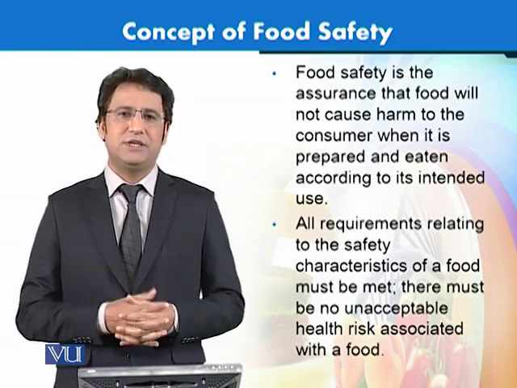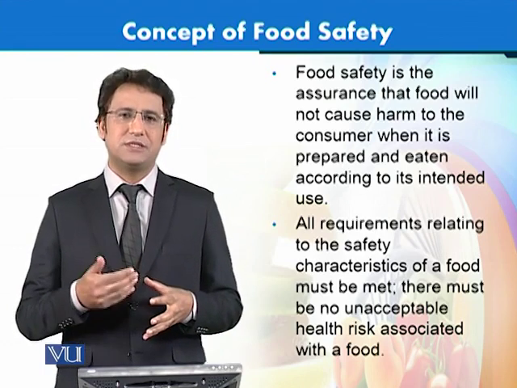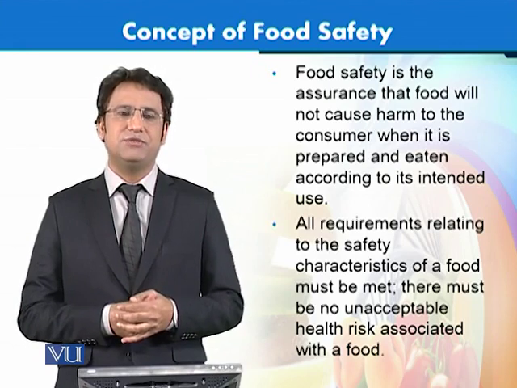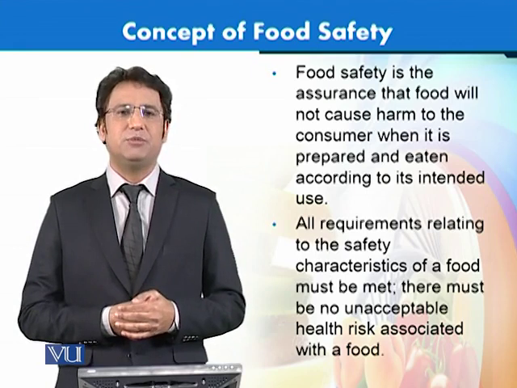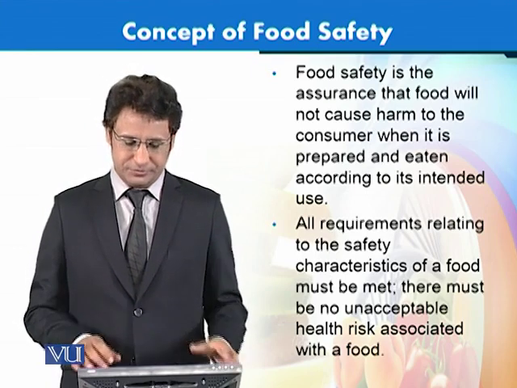But otherwise, if it is used as per its intended use and then it causes harm, then it means the food safety principle is compromised, and the producer of the food might be punishable for this offense, because this is treated as an offense.